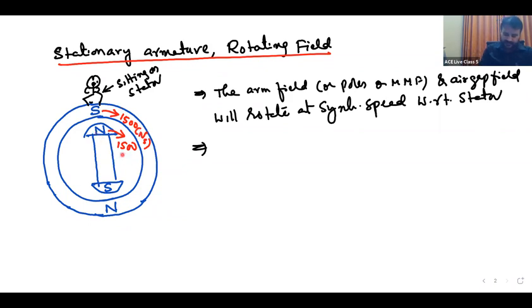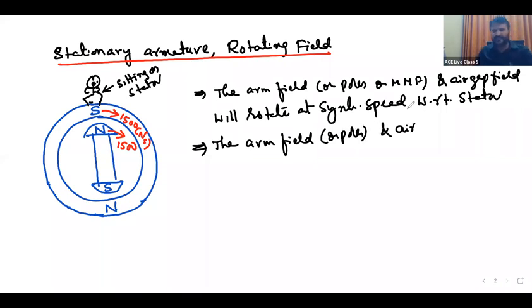Therefore, the conclusion is that the armature field poles and the air gap field. Air gap field means the resultant of both, phi M and phi R. When both are rotating, where armature poles are there, the resultant flux is also there.